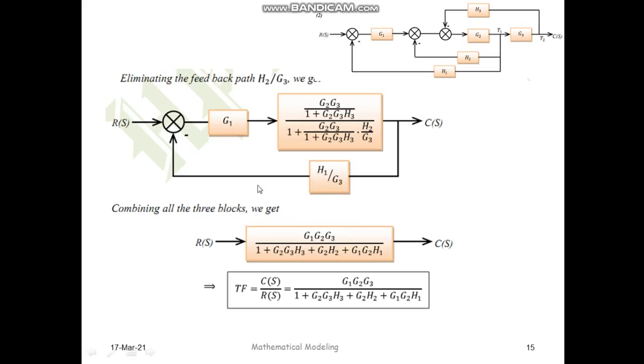Even if you write it like this, that G1 into G2 G3 divided by 1 plus G2 G3 H3, divided by 1 plus G2 G3 divided by 1 plus G2 G3 H3 into H2 divided by G3, divided by 1 plus this term, multiplication of these two terms into H1 divided by G3, and if you leave it as it is, then you will get full marks, don't worry.